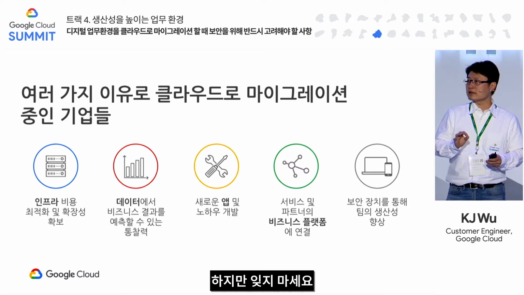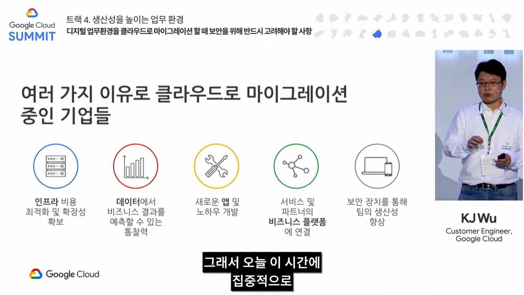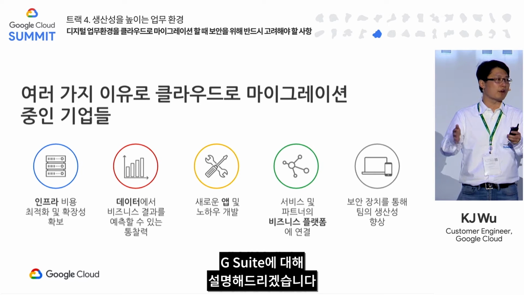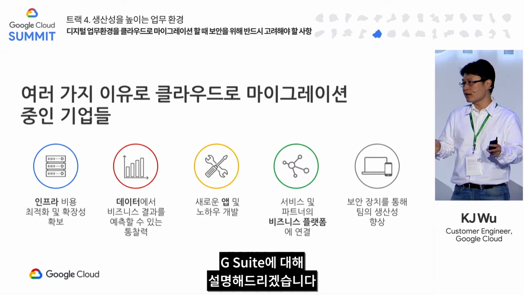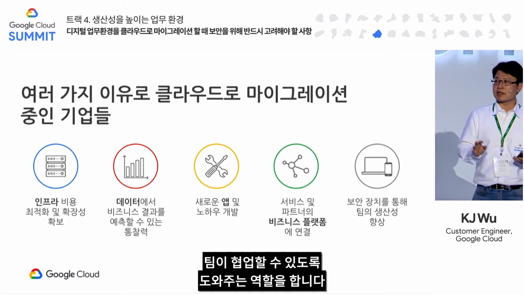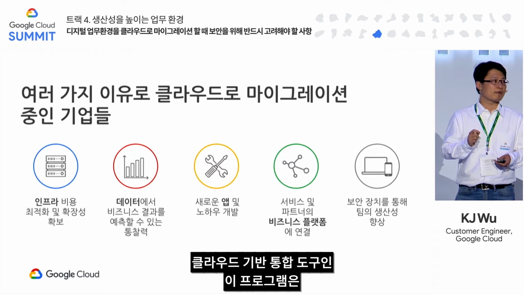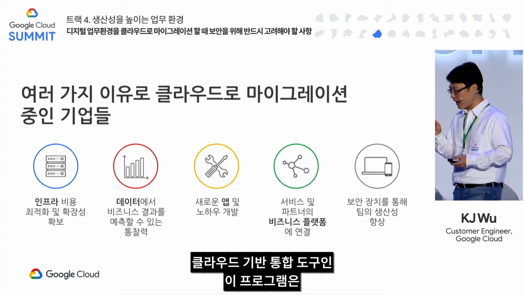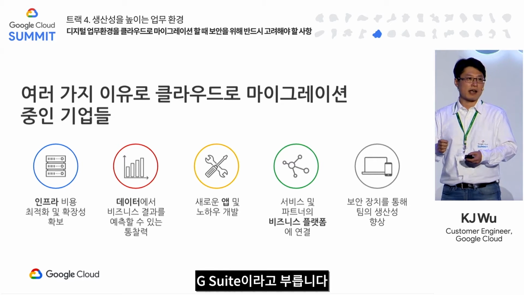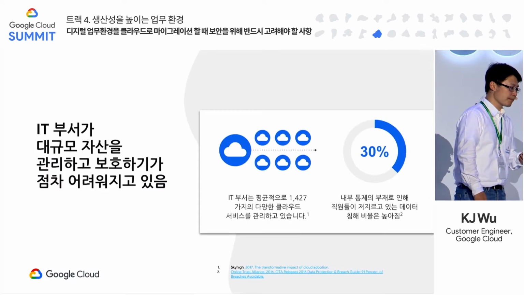But don't forget, we also have teams working on the other half of the offering, which we call G Suite. It helps teams co-work together using a cloud-native collaboration tool. That will be the focus in this section.